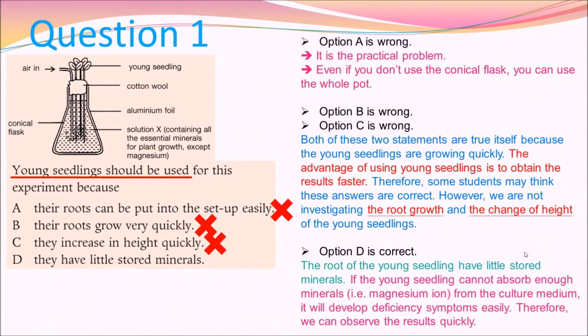And then the plant will look for the magnesium: I don't have any more. So they will develop deficiency symptoms at that particular moment. It's just so late. So when we use young seedlings, we can observe the results quickly. That's the secret behind why we choose the young seedlings.